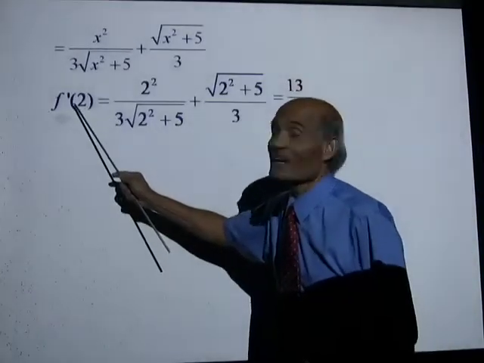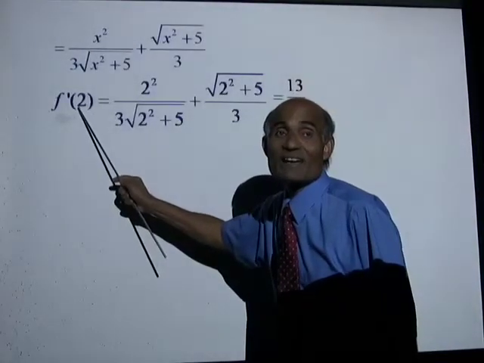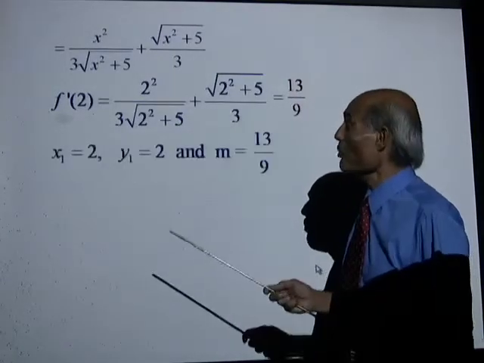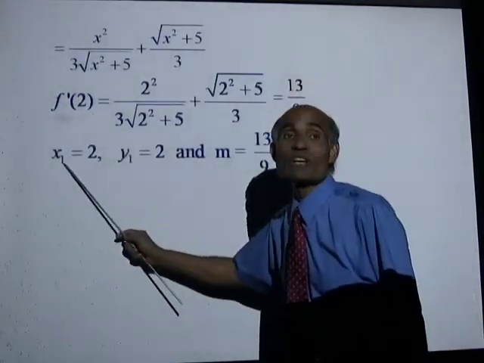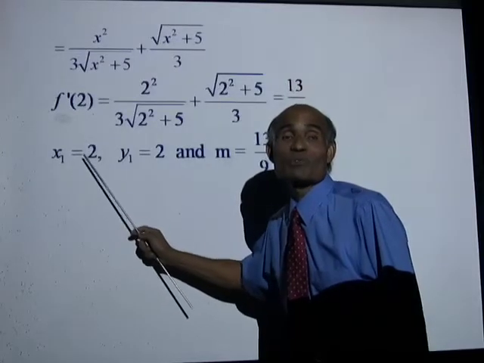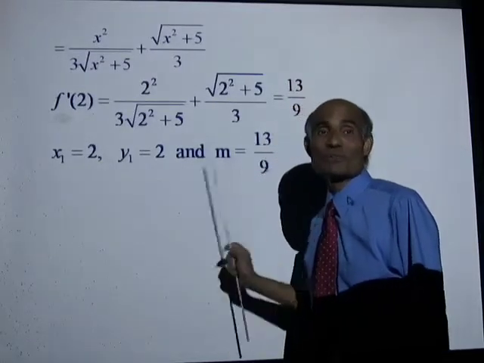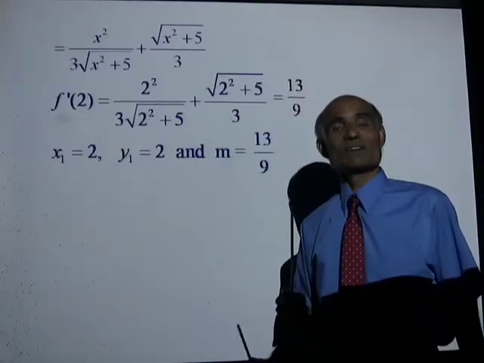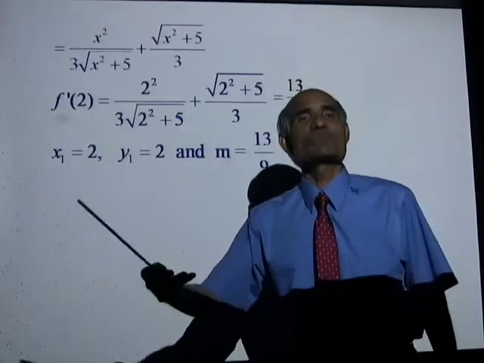So you got the slope of the tangent line at x equal to 2 is 13/9, and the point we know. The point is (2, 2), x1 equal to 2, y1 equal to 2, and the slope m equal to 13/9. Write down the equation of the line.